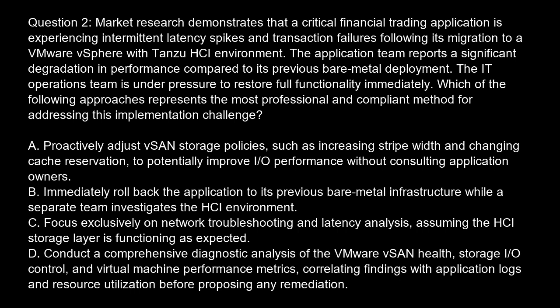Option C. Focus exclusively on network troubleshooting and latency analysis, assuming the HCI storage layer is functioning as expected. Option D. Conduct a comprehensive diagnostic analysis of the VMware vSAN health, storage I/O control, and virtual machine performance metrics, correlating findings with application logs and resource utilization before proposing any remediation.